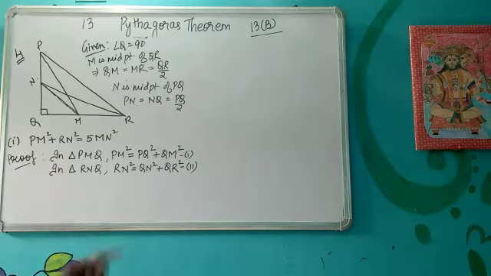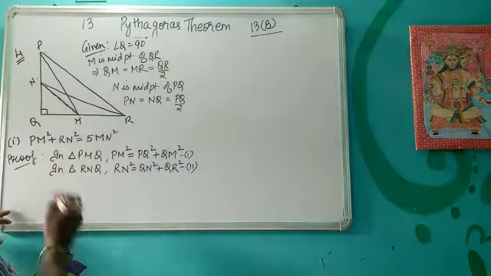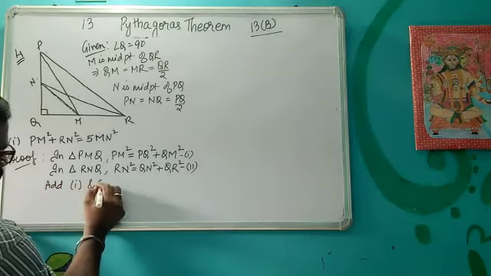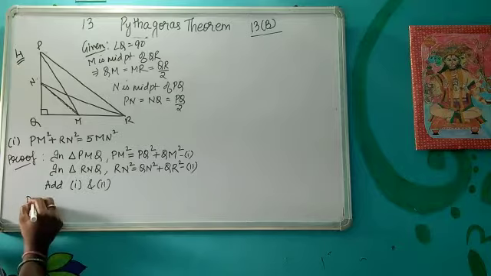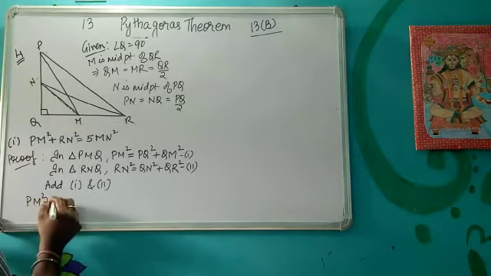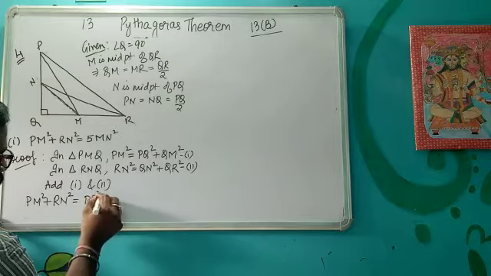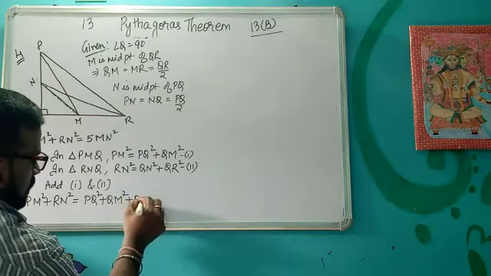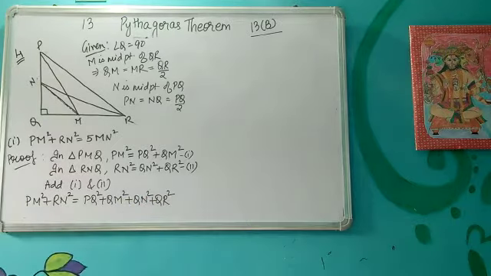Okay. Then what we need? We need the addition of these. So we will add 1 and 2. When you add 1 and 2, what will you get? PM square plus RN square equal to PQ square plus QR square. Okay, this you will get.